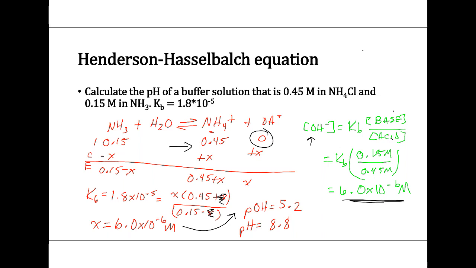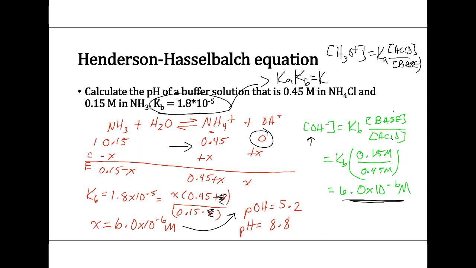Then you will get the same concentration of our base. The other option is if you wanted to use this Henderson-Hasselbalch, the acid form of it, so we have Ka, acid over base. Remember that you could use this Kb value to find Ka because Ka times Kb is equal to Kw. So you could take Ka is equal to Kw over Kb.